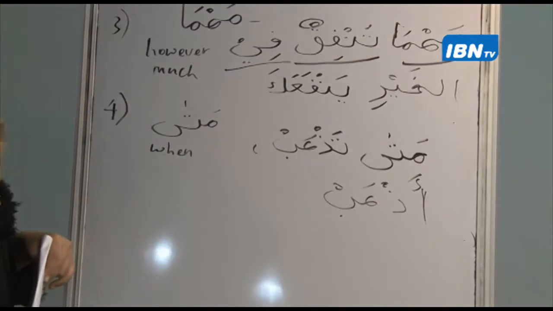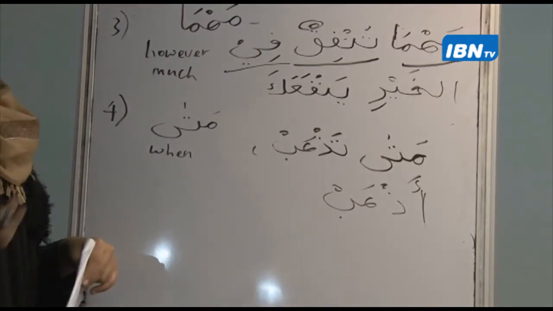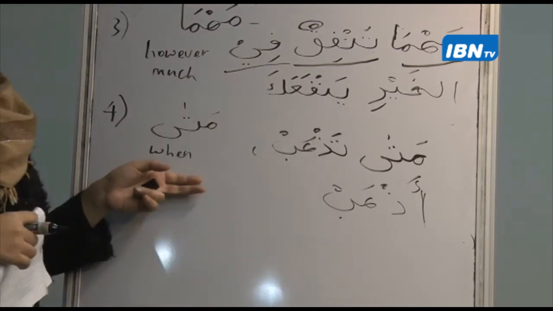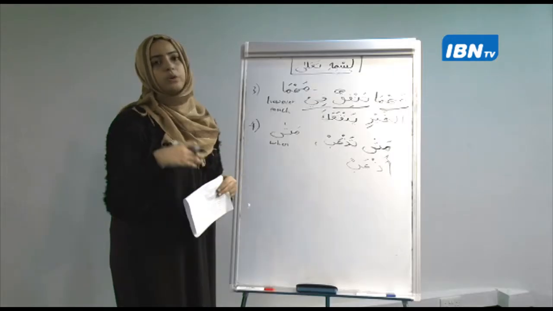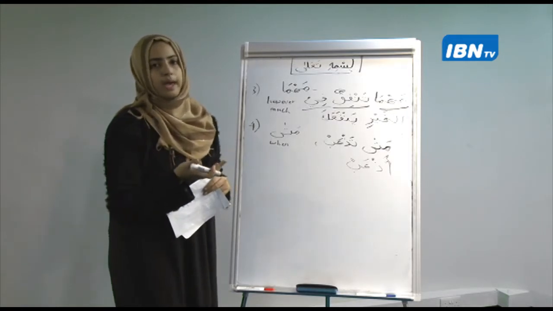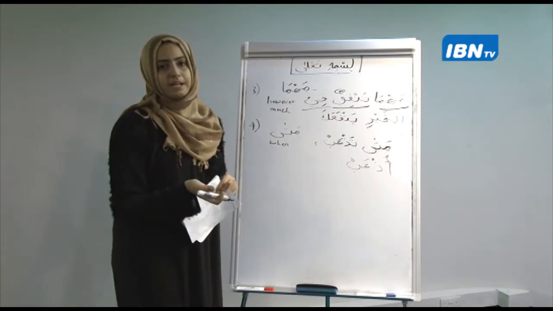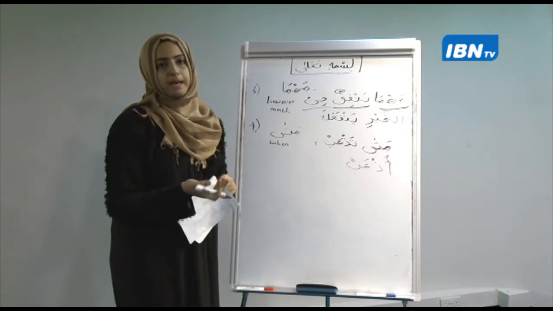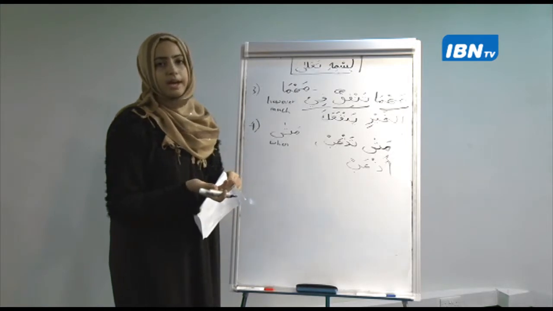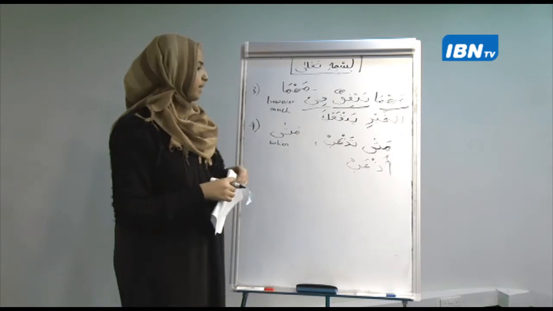Okay, meaning whenever you go, I will go. Now you will tell me, but mata, we have learned it, to ask someone something like, when will you come back? When are you going? Okay, mata tadhhabina, where are you, female, singular, going? Or mata tadhhab, when are you going?